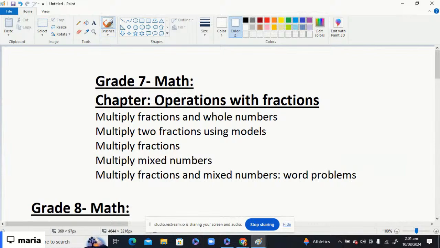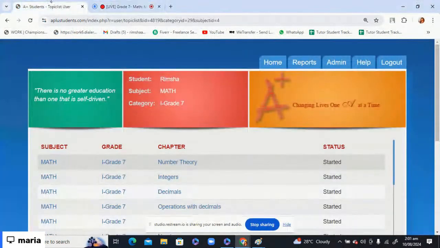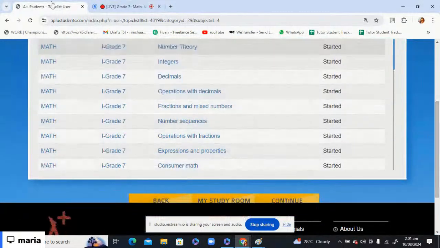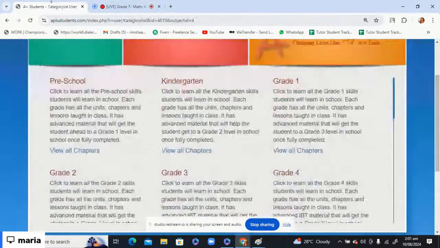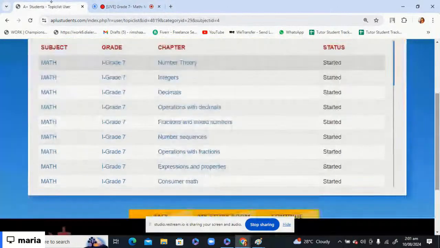You can find all the lessons on aplusstudent.com. You have to log in using the email and password provided by the administrator. Go to the subject tab, select math from there, then click on grade 7, view all chapters.